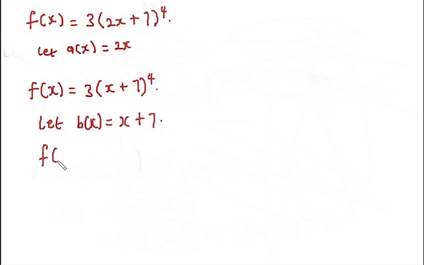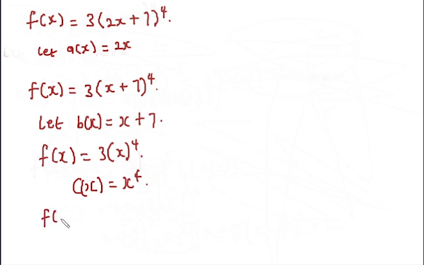So this would be f of x is equal to 3 open bracket x to the power of 4. Okay, so next step, the next operation performed on x is x to the power of 4. So we are going to be saying, okay, let c of x is equal to x to the power of 4. So we are going to be replacing x to the power of 4 with x.